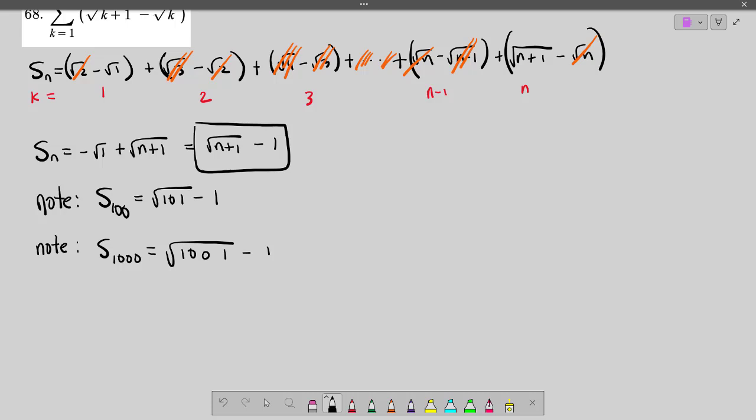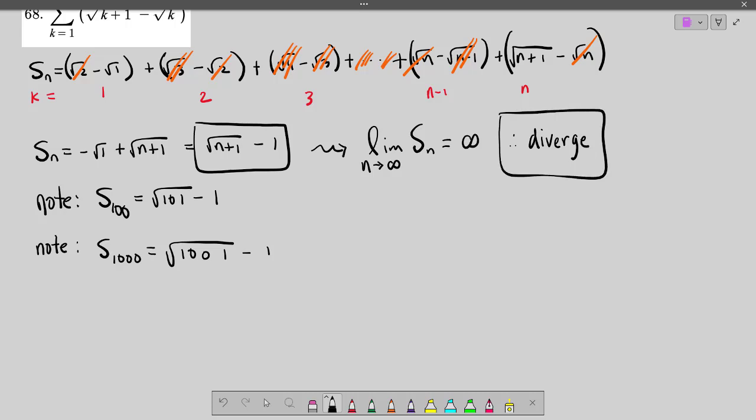But we see that the infinite series is going to diverge. Because when we take the limit of S sub n as n goes to infinity, that is going to be infinite. So therefore, we have divergence for the infinite series. So the infinite series will diverge, but any finite series would be finite.